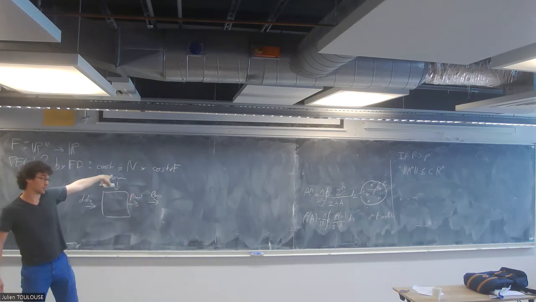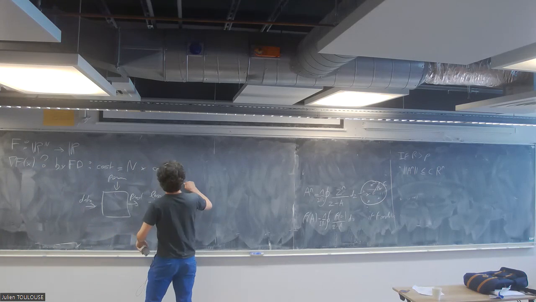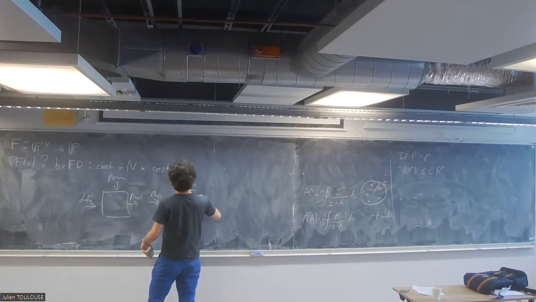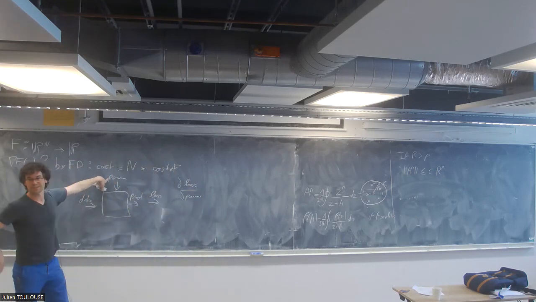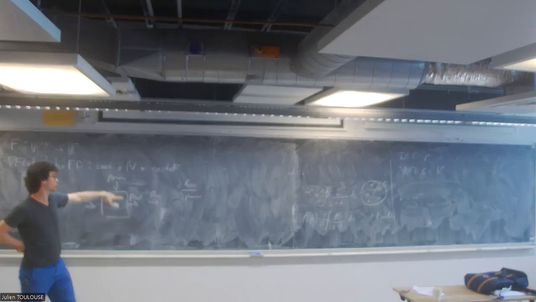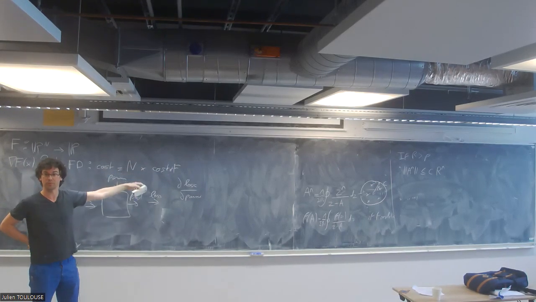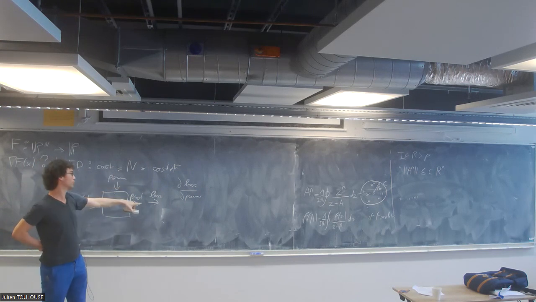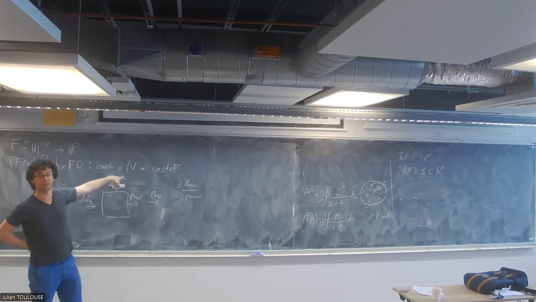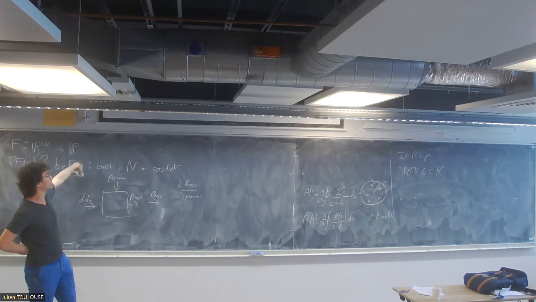If you want to do gradient descent on this, you have to compute d loss over d params. This thing is billions. The models that people use have literally billions of parameters. If you want to compute the derivative of the loss with respect to these billions of parameters by finite differences, you're going to wait a long time.